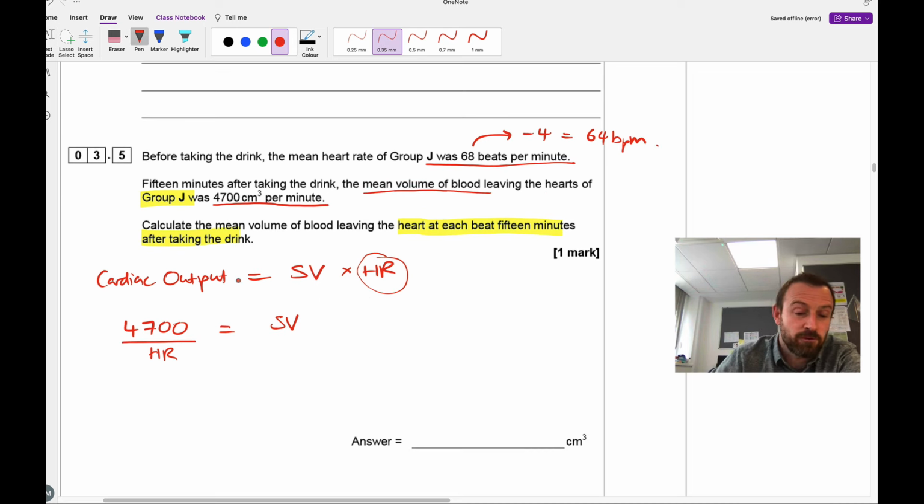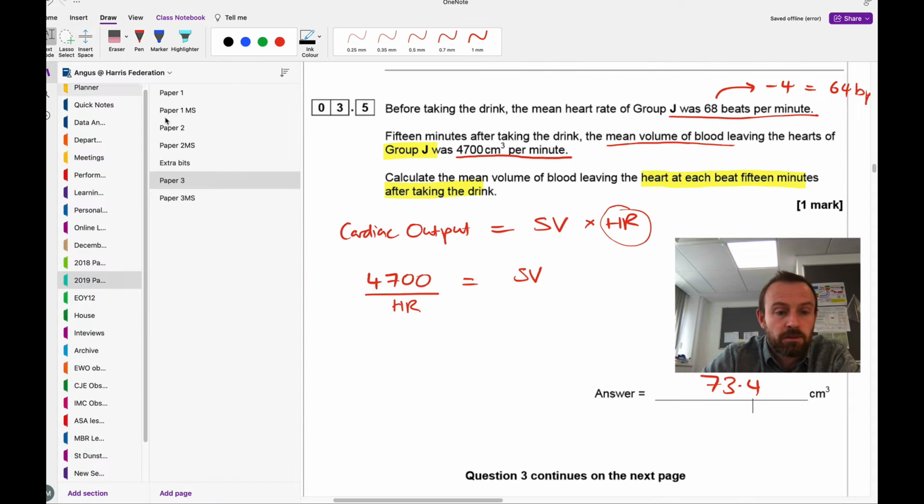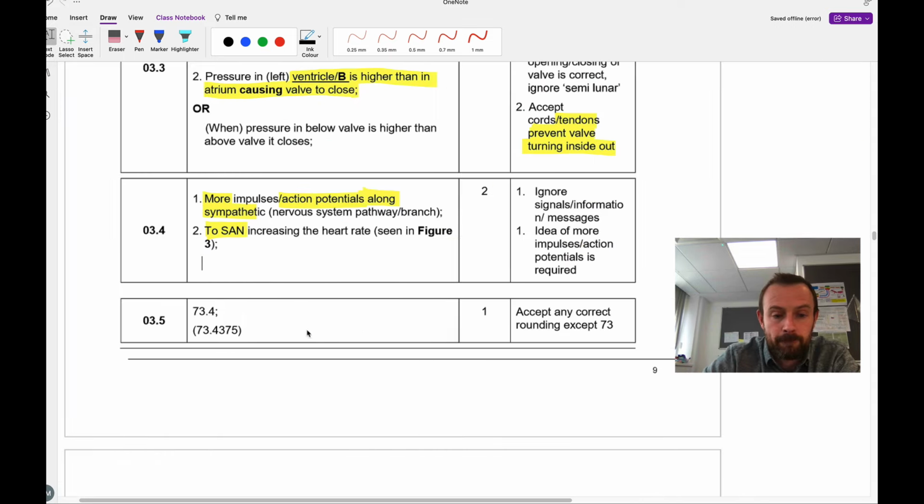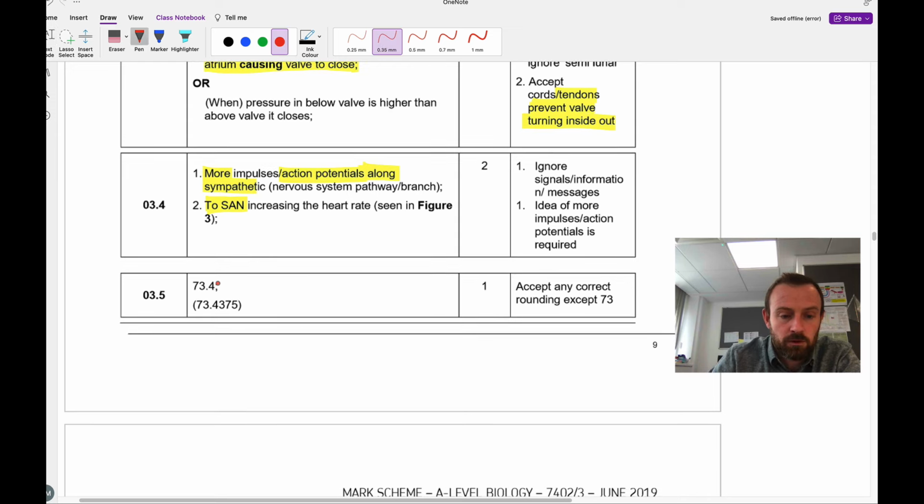So therefore we do 4,700 divided by 64, and that's going to give us our number, which is 73.4. I took too long on that. That was one mark. 73.4. Yep, 73.4.